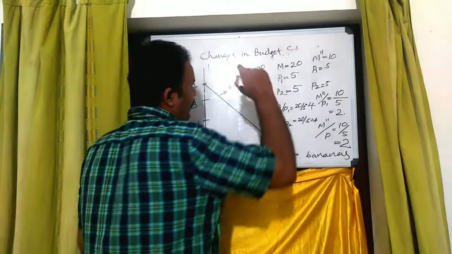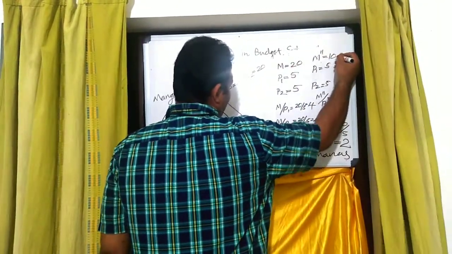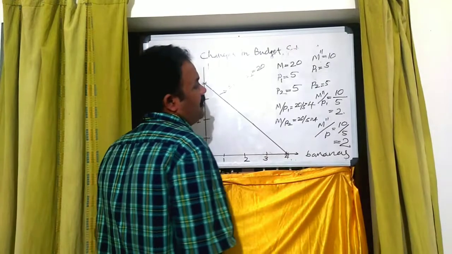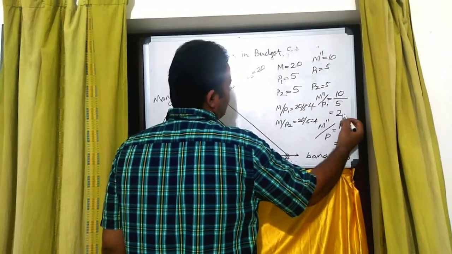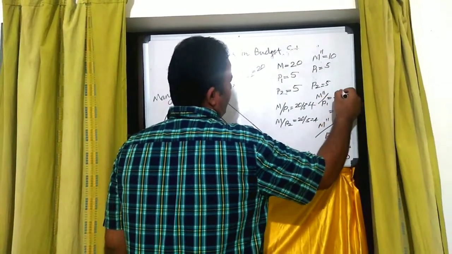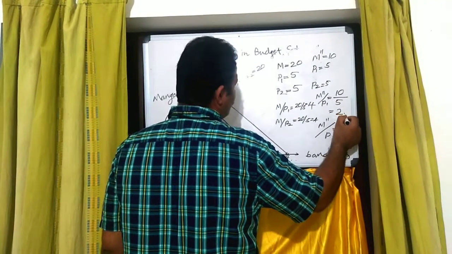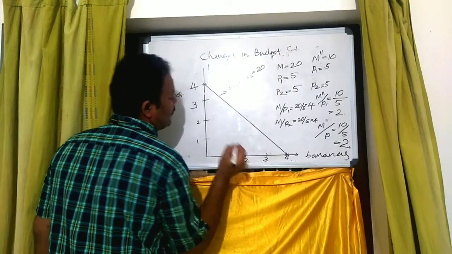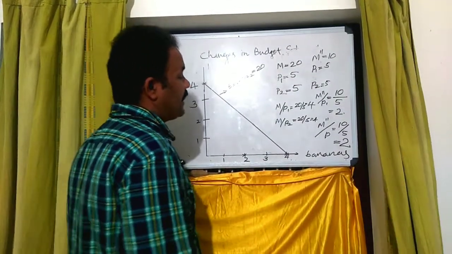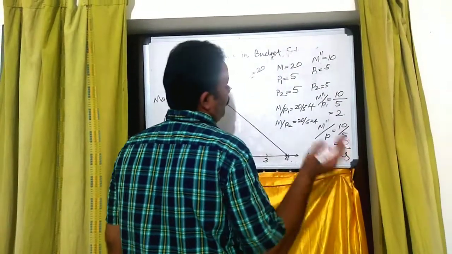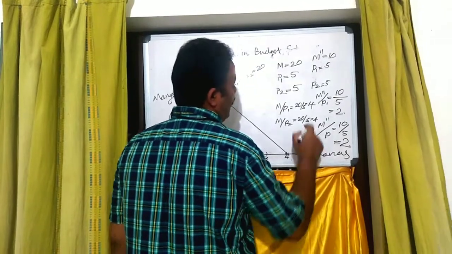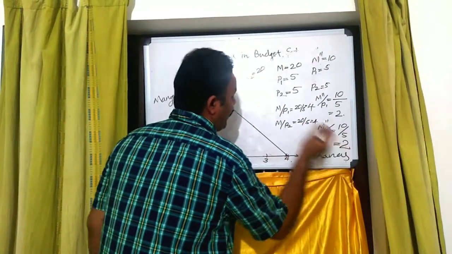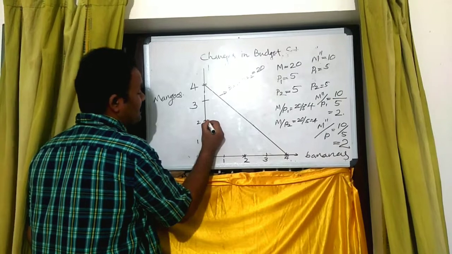Then income decreases from 20 to 10. At that time, the horizontal intercept is 2. M double dash by P1, 10 by 5, is equal to 2. So the new horizontal intercept is 2. And the new vertical intercept, M double dash by P2, 10 by 5, is equal to 2.